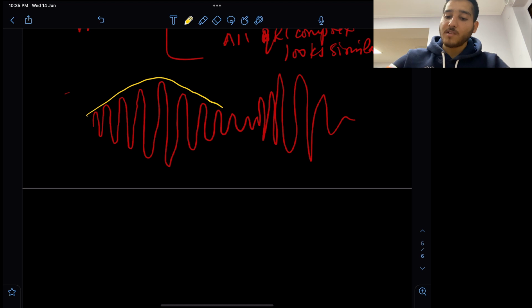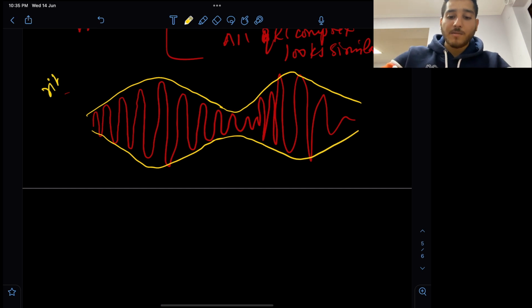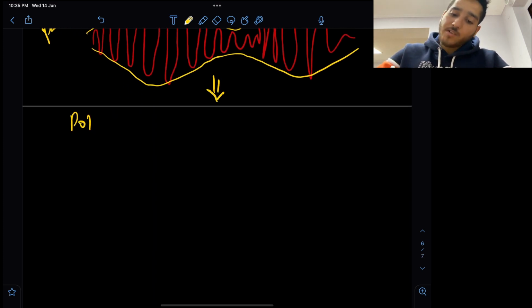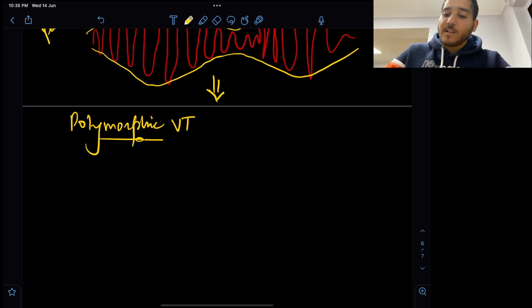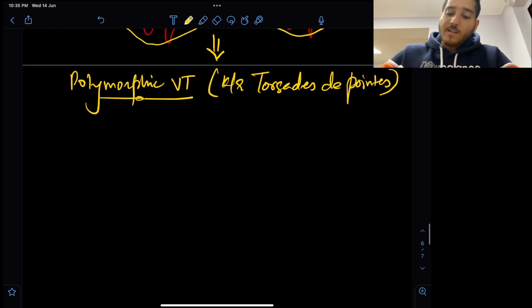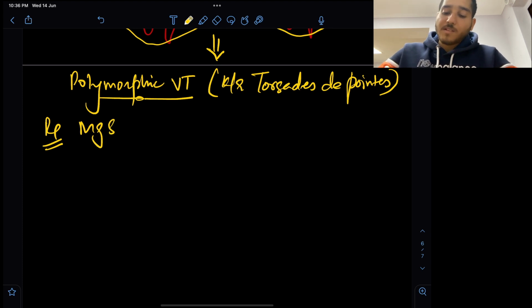Doesn't it look like a ribbon? A ribbon pattern. So we call it polymorphic ventricular tachycardia, and classically this is known as torsades de pointes. For treatment of torsades de pointes, we usually go for magnesium sulfate.